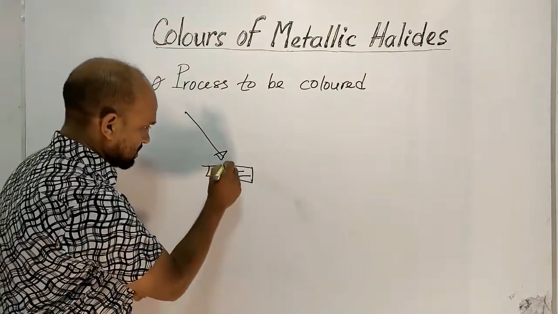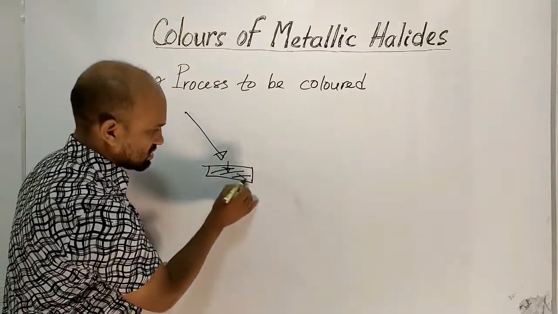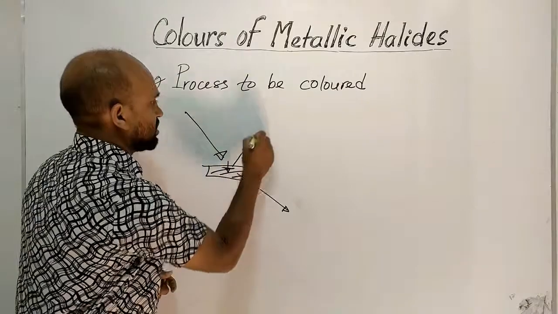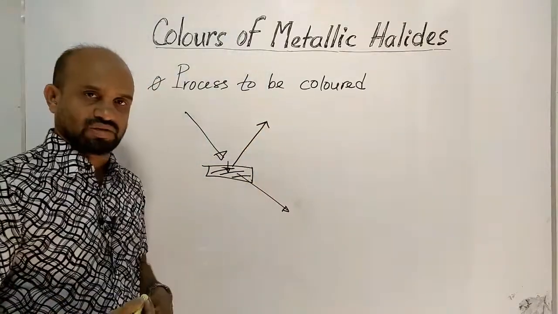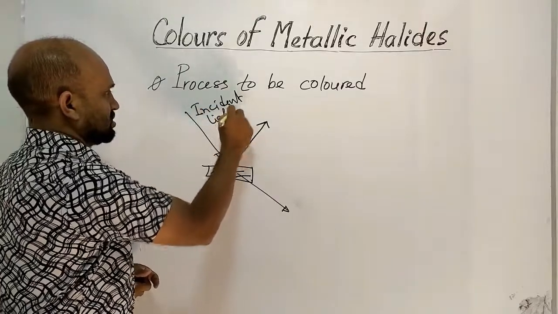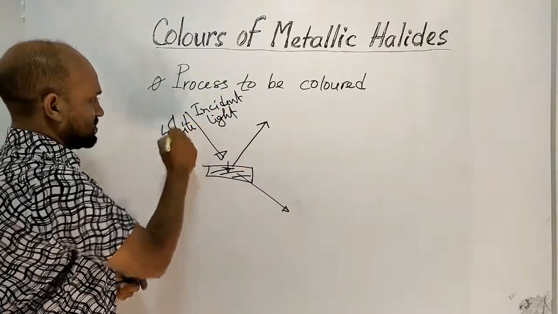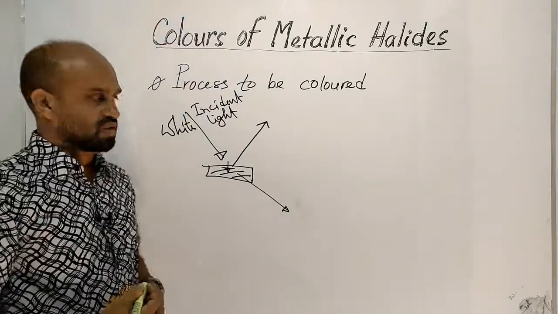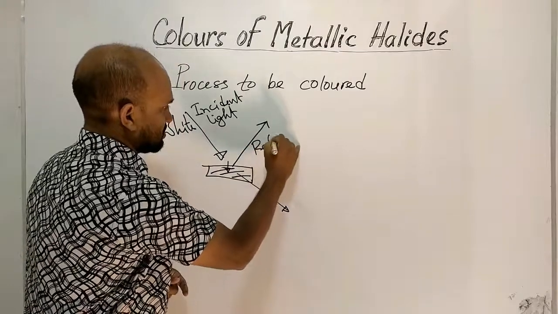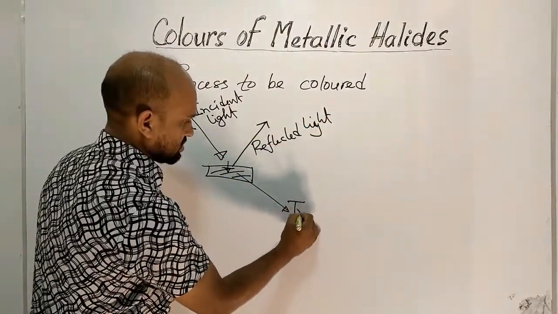Some light is absorbed by the body, some is transmitted, and some light is reflected. So this is incident light, which is white in color. Sunlight, white in color. This is reflected light, and this is transmitted light.